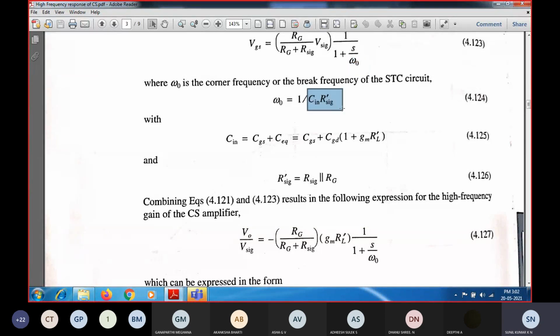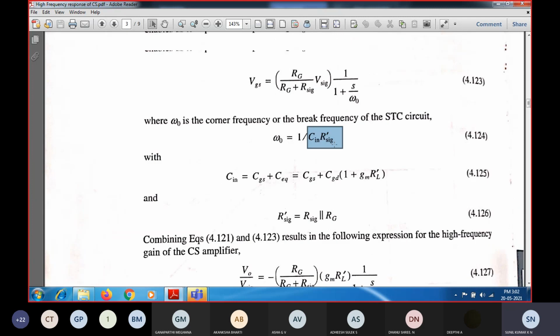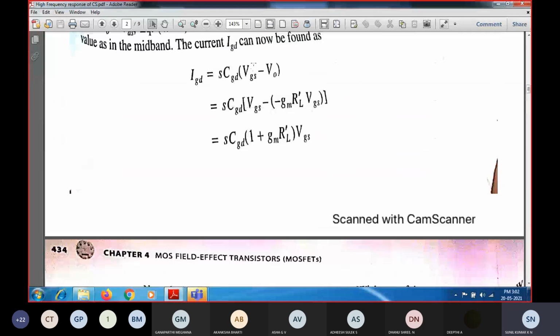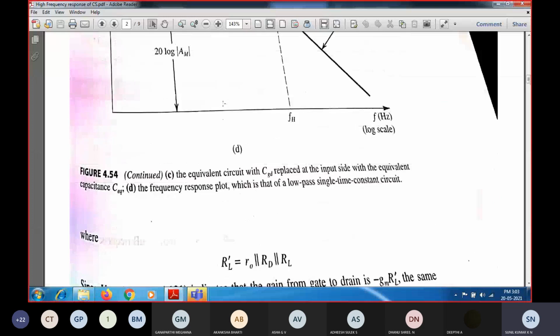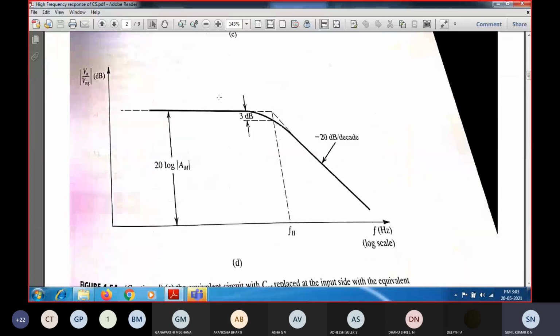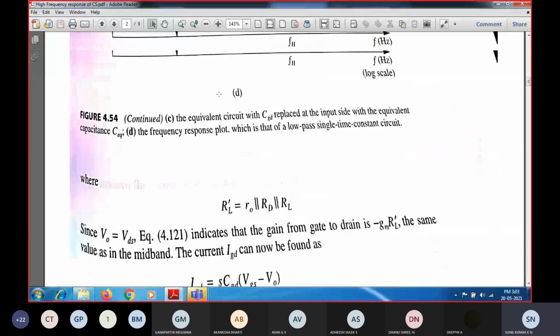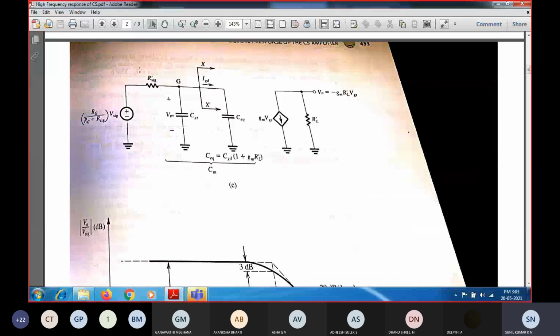Here R signal dash is equal to RG into R signal divided by R signal plus RG, so it will be nearly equal to the R signal value.